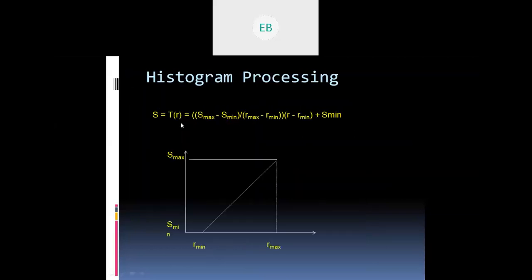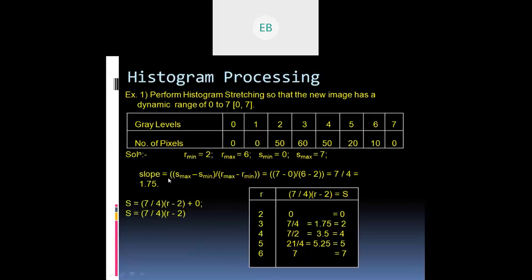Using these values, you just have to plug them into this equation for histogram processing, that is S equals S max minus S min by R max minus R min, this is the slope, into R minus R minimum, plus S minimum. The slope is already given here. R minimum and R maximum will be given along with the question.